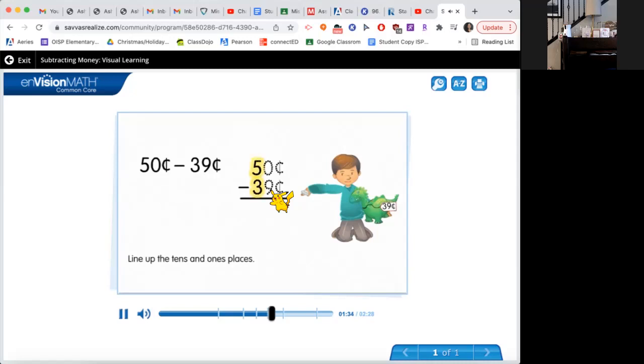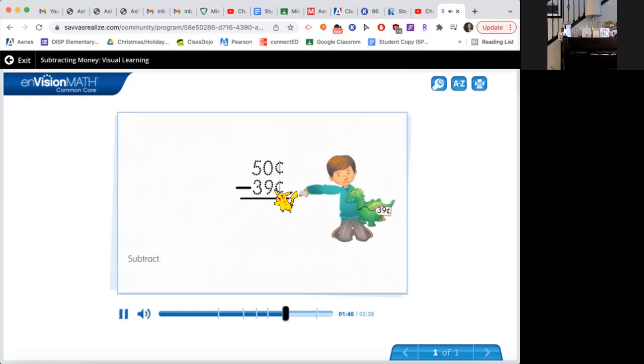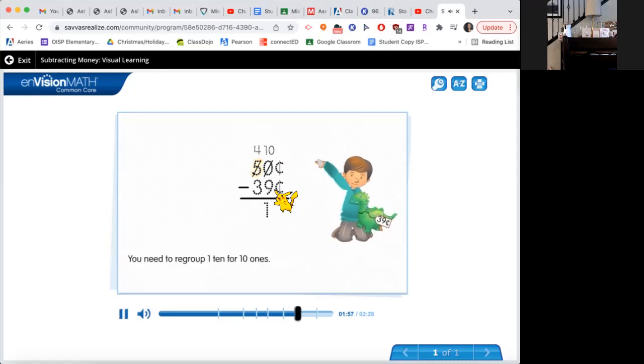Line up the tens and ones places. Write the cent symbol. How do you solve 50 cents minus 39 cents? Subtract. Regroup if you need. Subtract the ones. You need to regroup 1 ten for 10 ones.